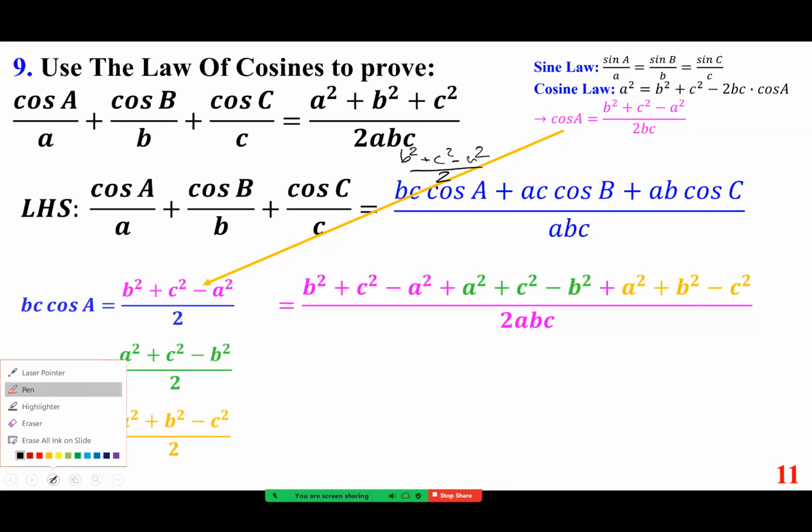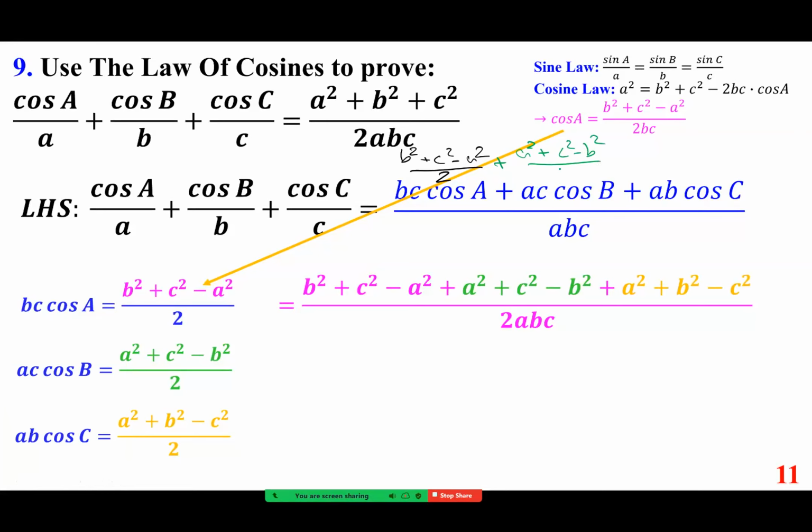Actually, I use its own color. The other one is green. So plus, now this one is A squared plus C squared minus B squared over 2. The last one is yellow, plus A squared plus B squared minus C squared over 2. So this is what we have.